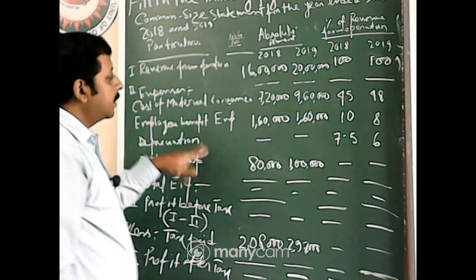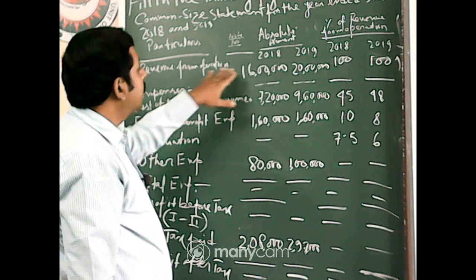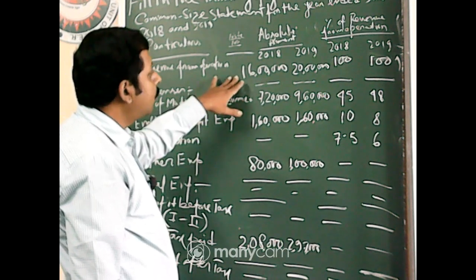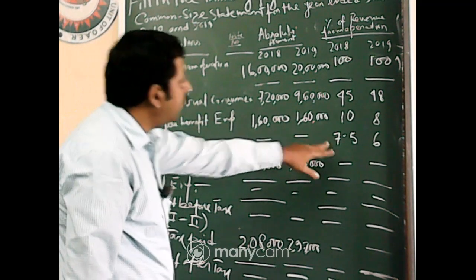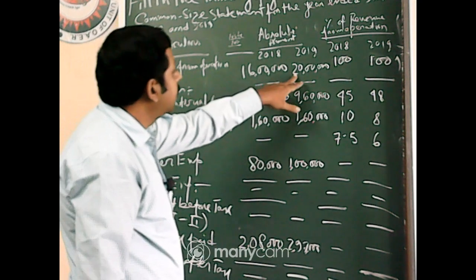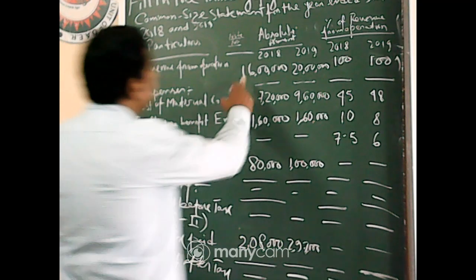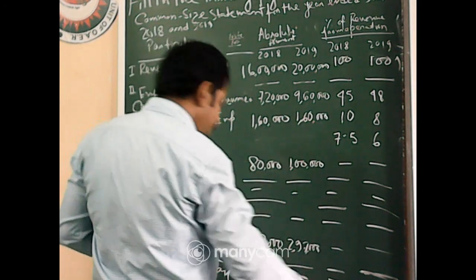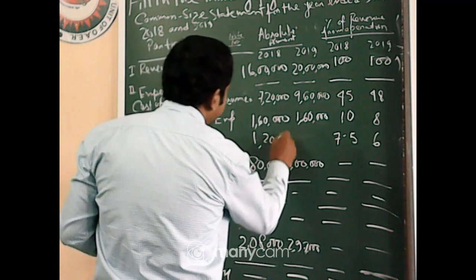Next, depreciation. Depreciation you also calculate on the basis of revenue. What is the percentage of depreciation on revenue from operation? In the first year it is 7.5%, and in 2019 it is 6%. So 16 lakh into 7.5% comes to 1,20,000 depreciation.